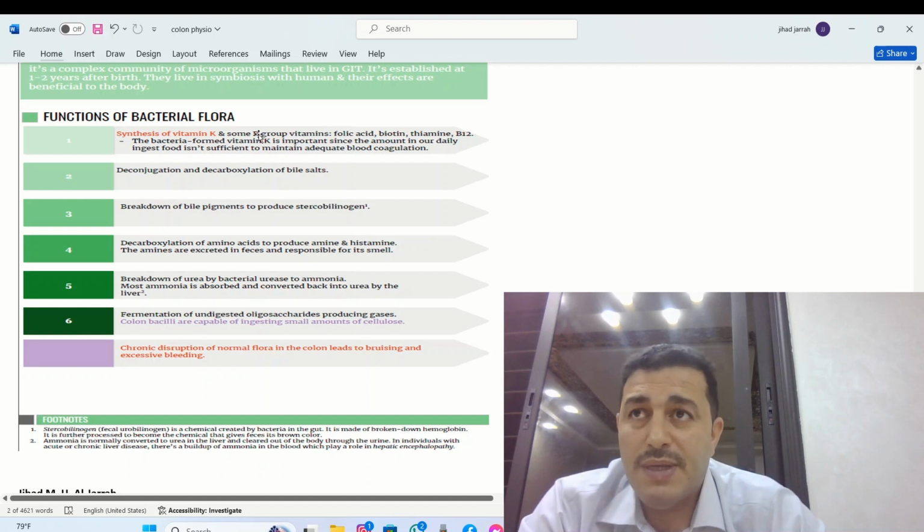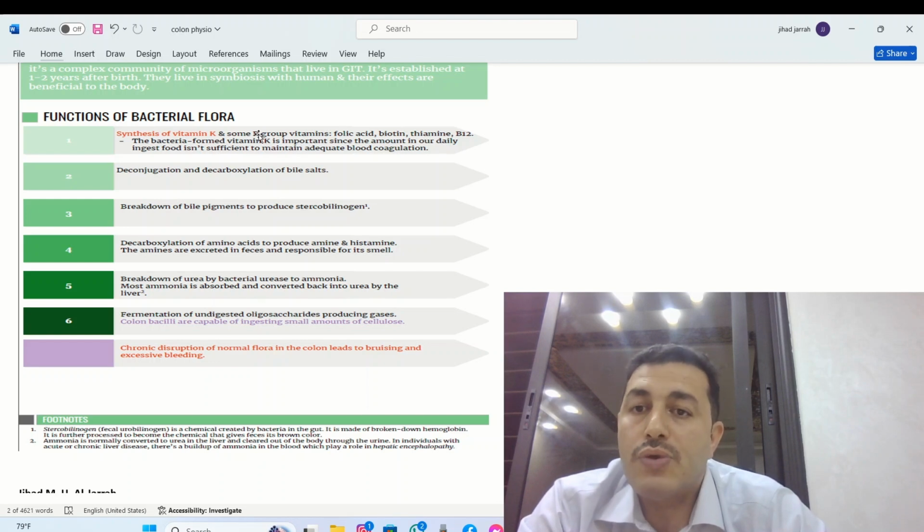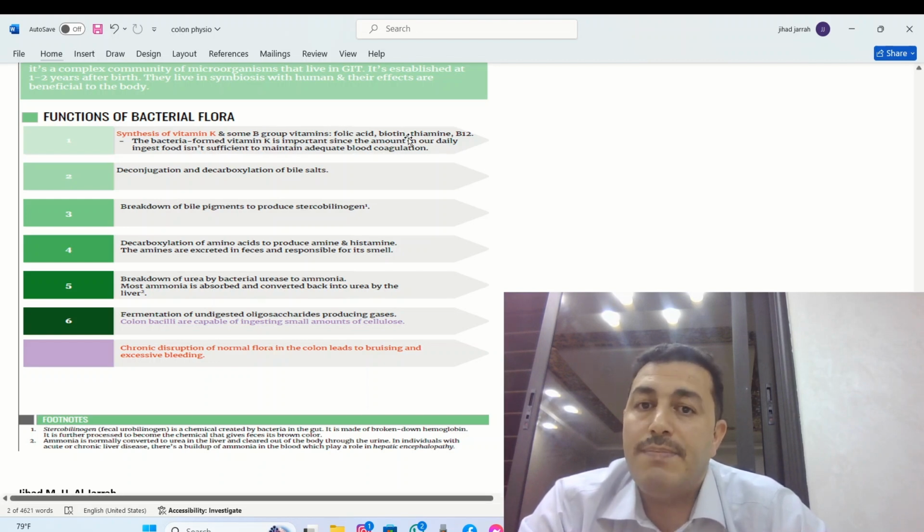We said vitamin B12 is absorbed in the proximal bowel. Folic acid, biotin, thiamine are synthesized; B12 maybe not. The bacteria form vitamin K, which is important.